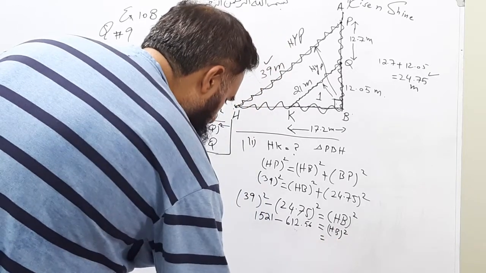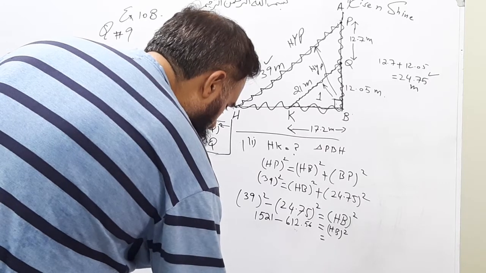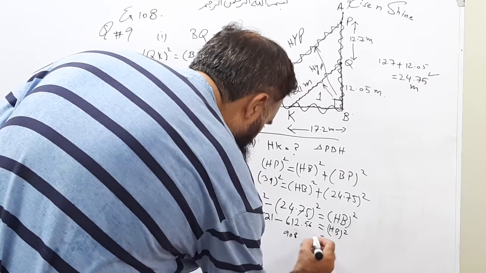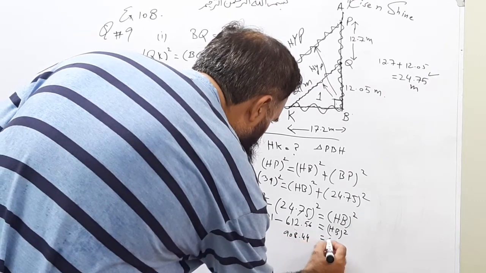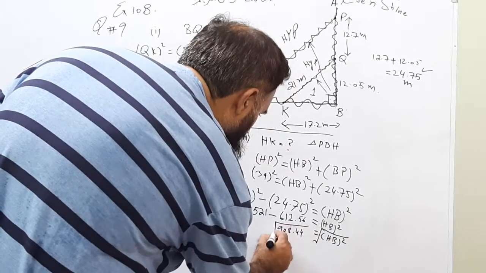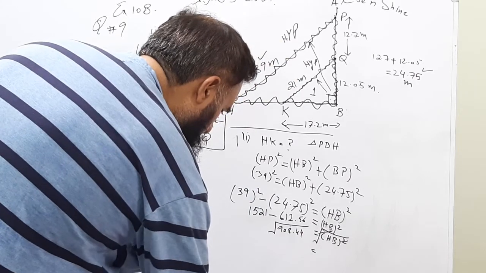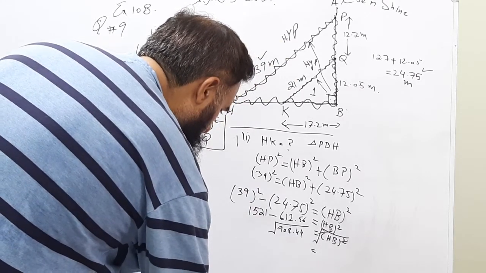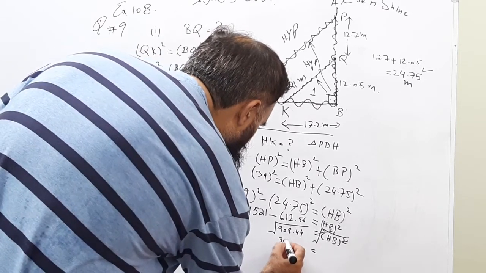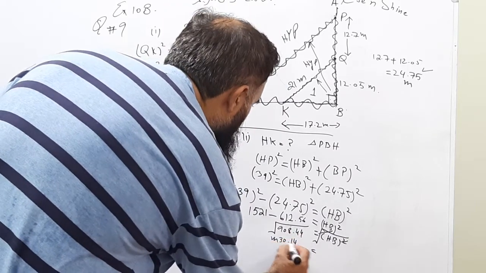So we take the difference, 1521 minus 612.56 becomes 908.44. It is HB square. So we'll take under root of both the sides. So we'll get HB. It is under root 908.44. It becomes 30.14 meters. This is HB.